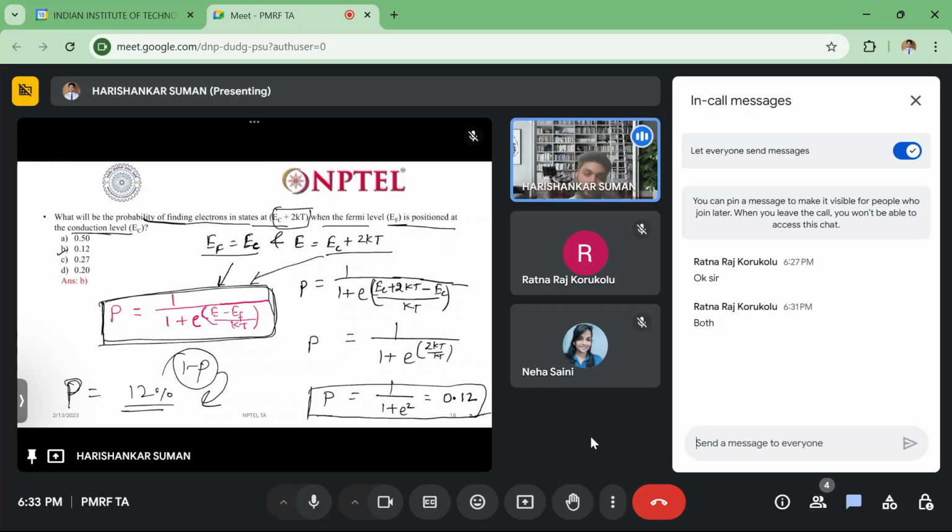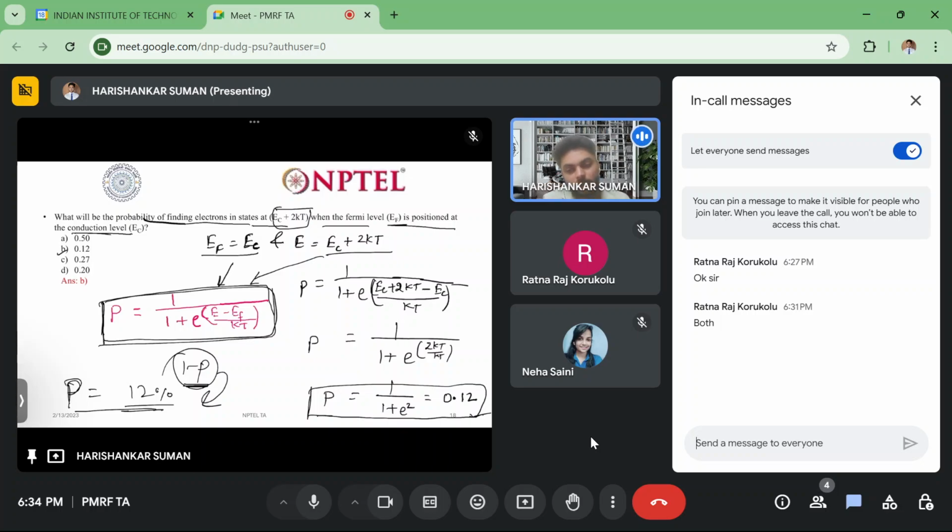What will be the answer for not finding the electron in this state, in percentage? Use 1 minus p. Finding and not finding sum should be 1.